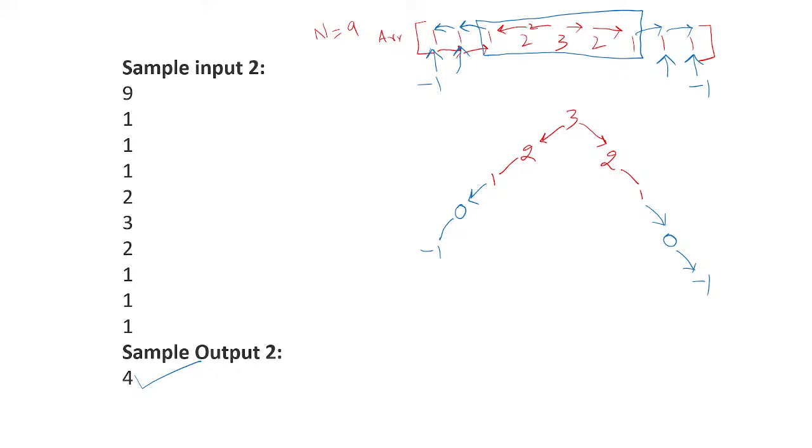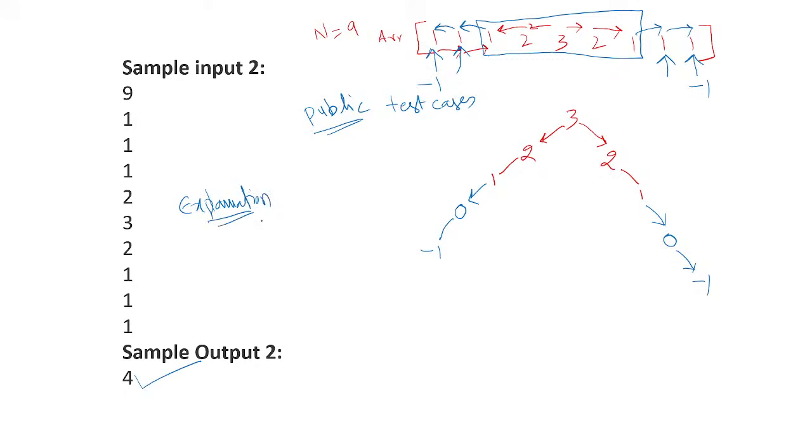Coming to test cases, you will have two kinds of test cases. All these sample test cases are called public test cases, which are shown to us. You are given a sample input and sample output, and also the explanation for them, why this output has come.